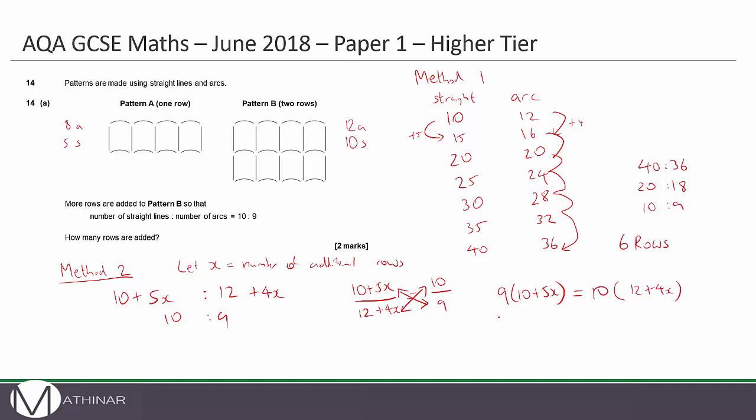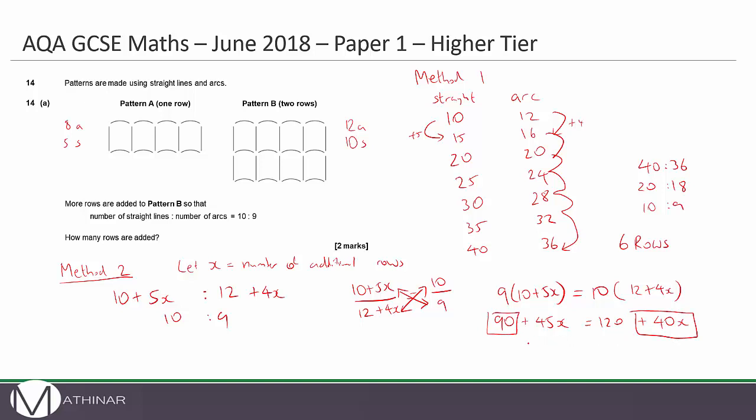If we multiply this out, 90 plus 45x equals 120 plus 40x. I'm going to bring the 40x across, and I'm going to take the positive 90 to the right.